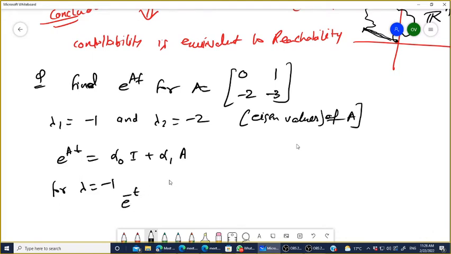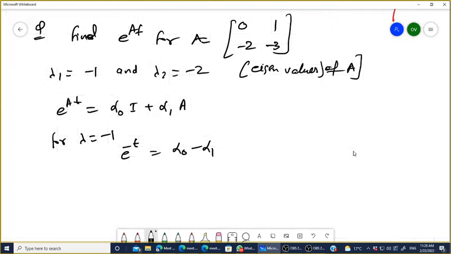It satisfies the equation, so you can write simply alpha naught minus alpha 1. Is it clear? Now for lambda equals minus 2, this equation becomes, please tell me, e to the power minus 2t equals alpha naught minus 2 alpha 1, right?